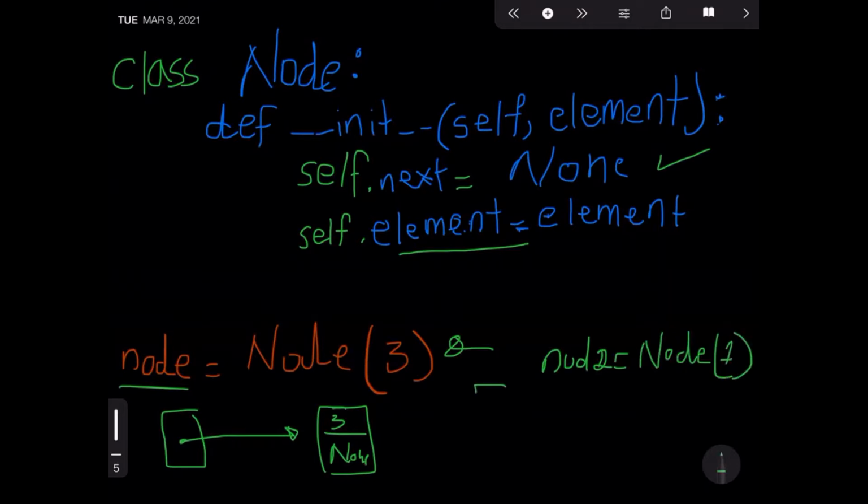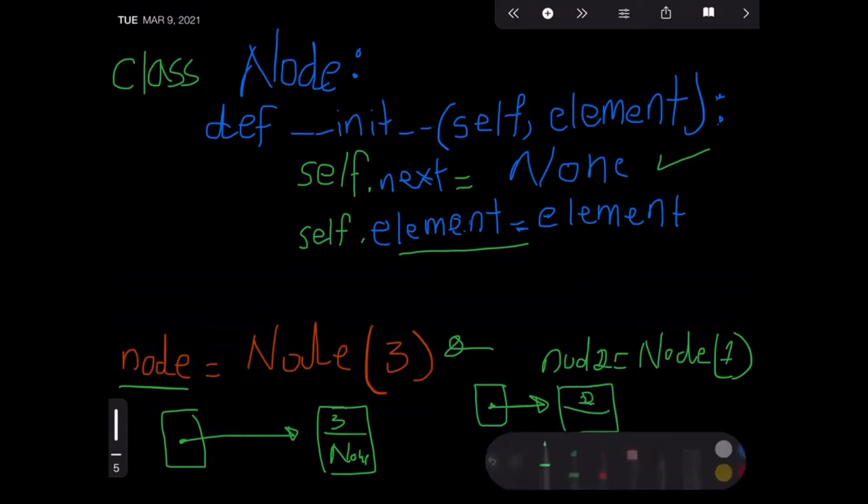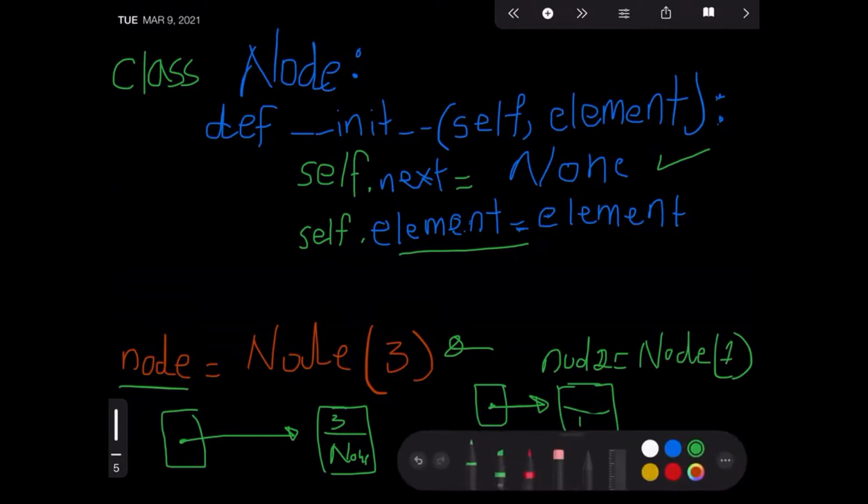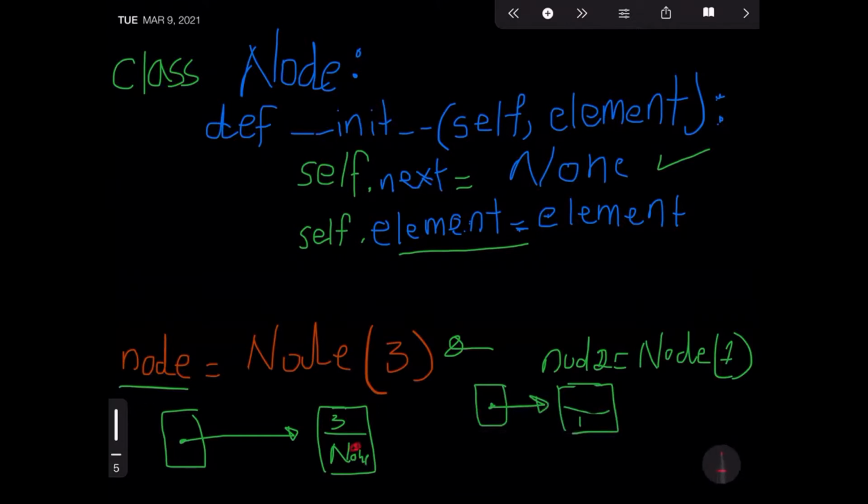Now node 2 points to this object that we just allocated with the value of 1. Now, if we want to point to that value, we can traverse to this node and set this pointer variable to point in here.